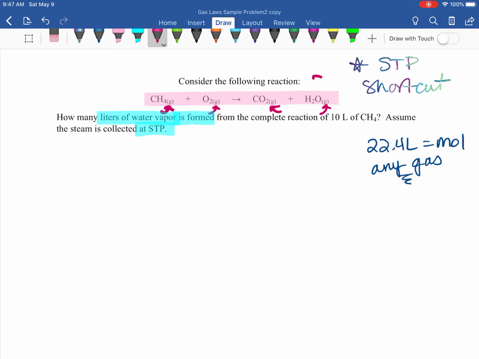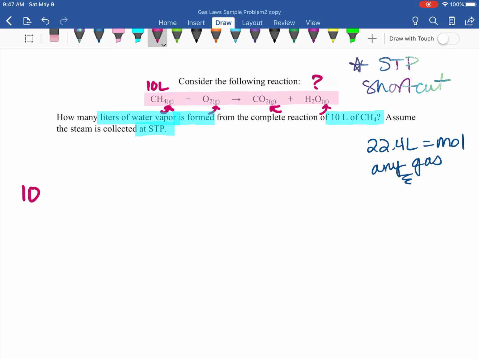How many liters of water vapor is formed? All right, done. Putting my question mark right there. From the complete reaction of 10 liters of methane. Assume that your steam is collected at STP.